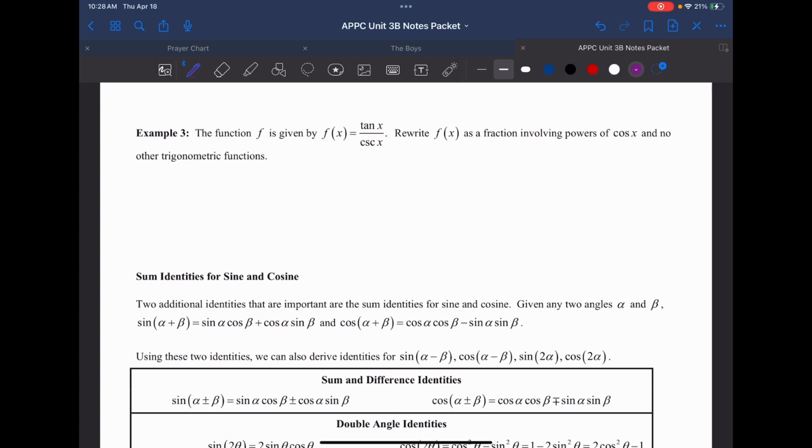Now, this isn't one where we're going to use the Pythagorean identity yet. Okay, so let's write this in terms of sine and cosine, and in the end we want just cosine.